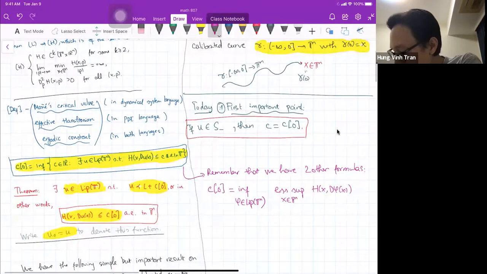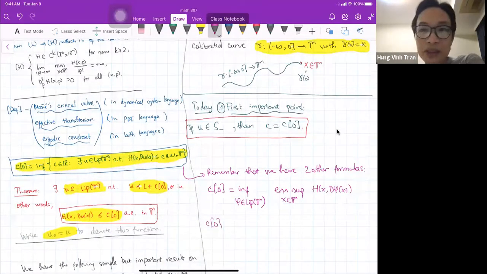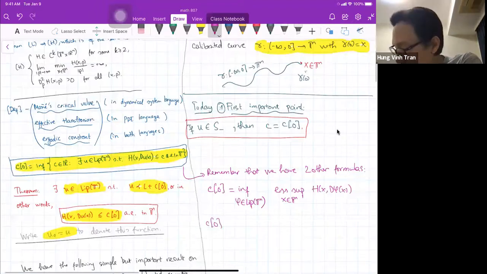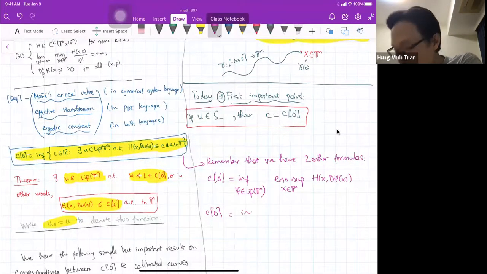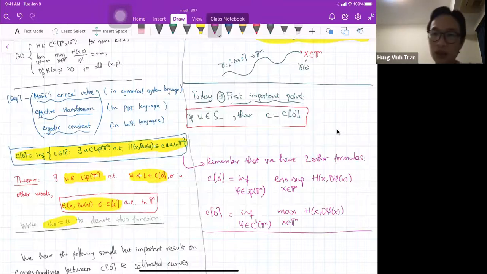And then there's also the other formula, which is clearer because we are only requiring functions to be C1 or C infinity. Okay, so those are the two others that we have, and they're important.